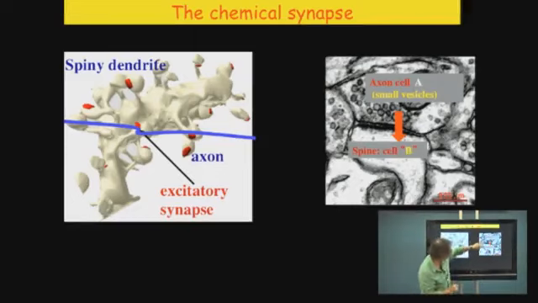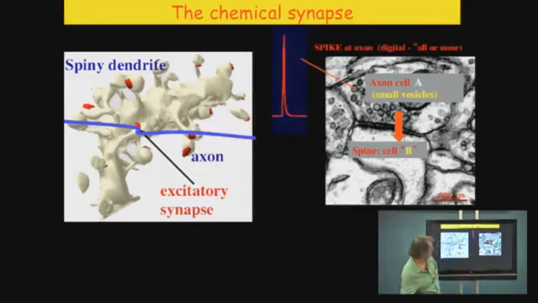So you can see that the axon and the dendrite do not touch physically. There is this gap. In the presynaptic side, there are these vesicles full of transmitter. In the postsynaptic side, the spine, there are receptors that are waiting, so to speak, to receive the transmitter. So this is a synapse. When I say a synapse, I mean these three parts: the presynaptic, the gap, and the postsynaptic dendrite.